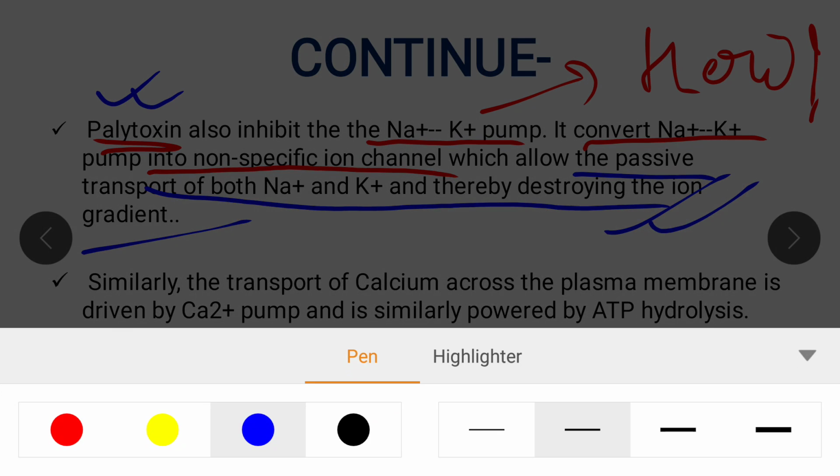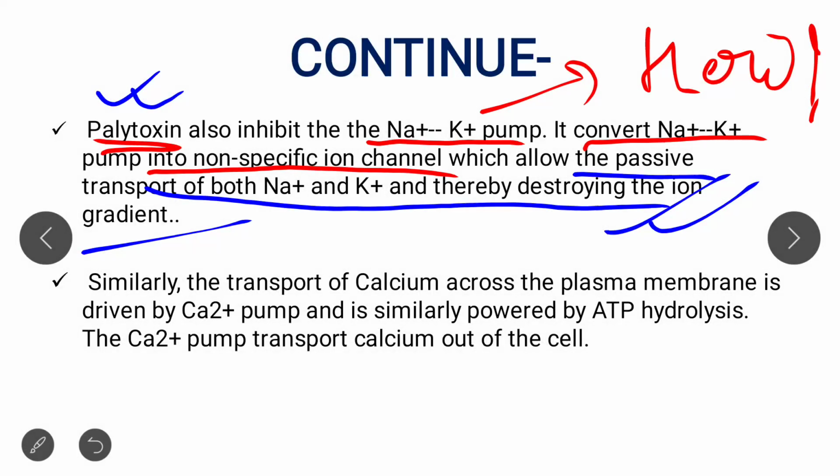Clear? Now there is another thing I want to discuss, calcium transport. Calcium transport is similar to sodium potassium transport. Calcium also moves across the plasma membrane by a calcium pump, powered by ATP hydrolysis. Calcium moves outward by the calcium pump, and this also requires energy like the sodium potassium pump.